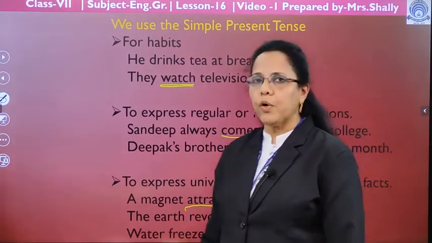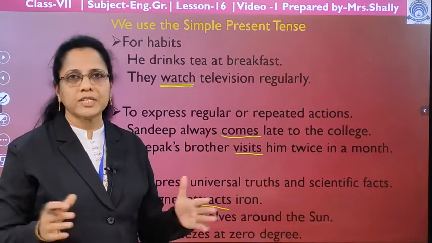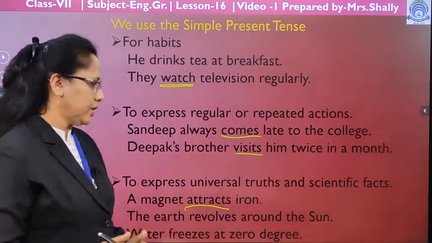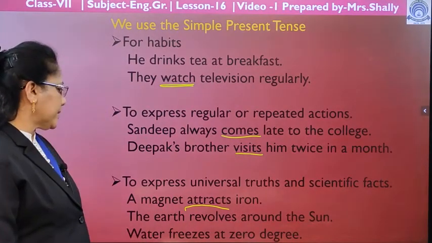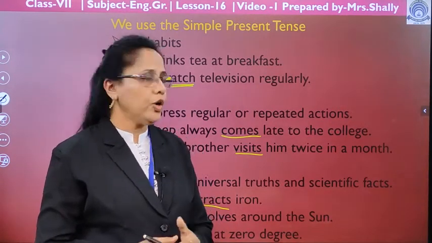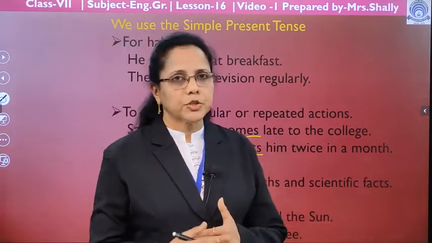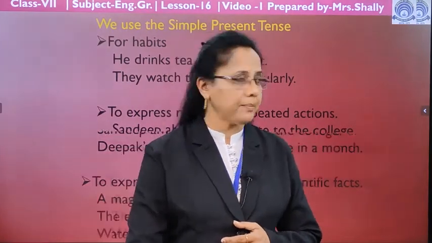The earth revolves around the sun. That's also a universal truth. It will never change. Water freezes at 0 degrees. That's also a scientific fact. So to express universal truth or scientific facts, we use simple present tense.